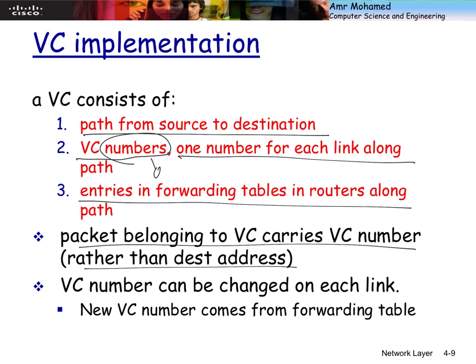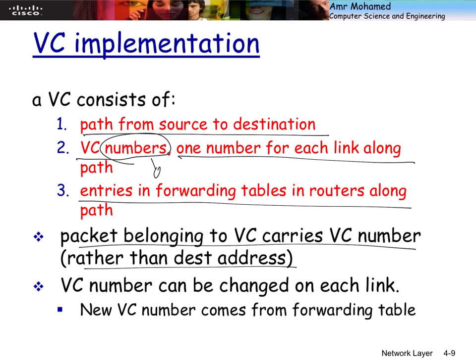Locally in the router I can say, okay, I have a call setup with a specific virtual circuit number that is coming from this router, and I know that this virtual circuit maps to this virtual circuit on the output link.